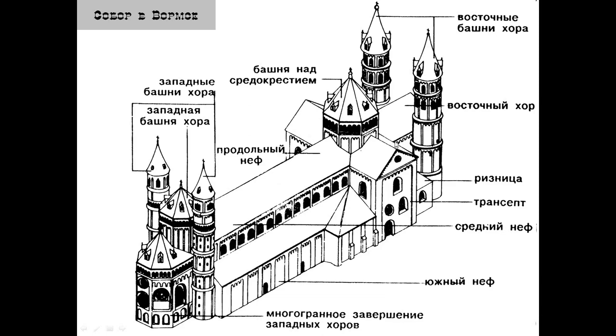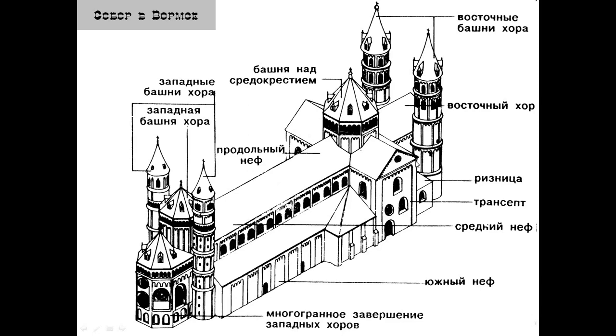We can see the transept here, it is smaller than the nave. Above the intersection of the nave and transept there is a tower. Actually, it looks like the dome on the drum that we could see is typical for the Byzantine period, but it has a different type of plan.